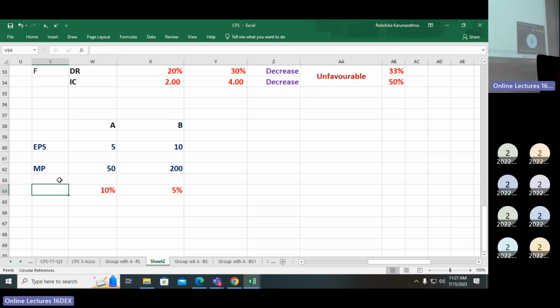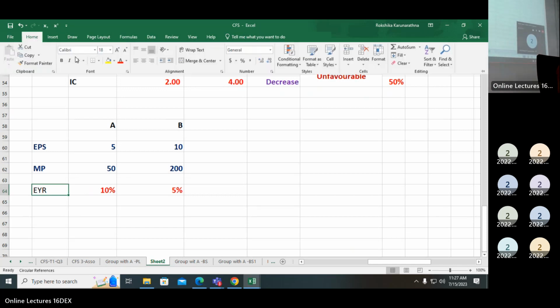Now, this ratio is called the earning yield ratio. Earning yield: earning per share divided by the market price. So the earning per share can be used to compare investments where the market prices are identical or similar, right?